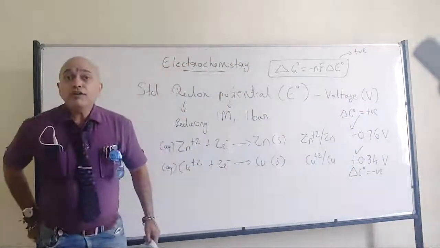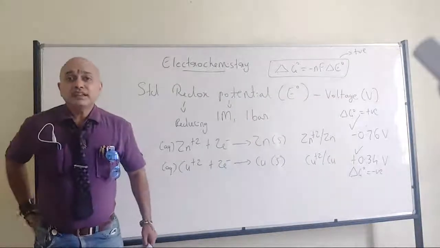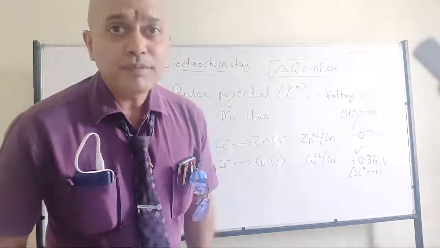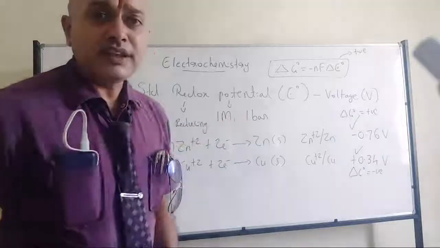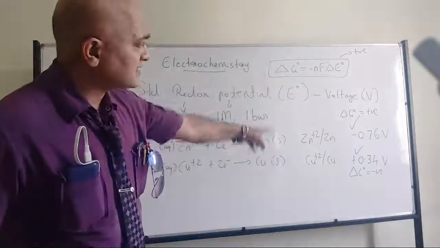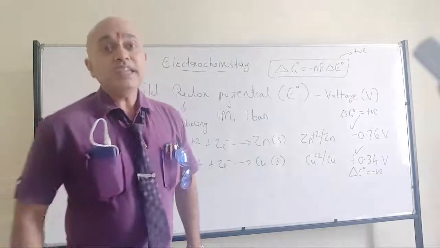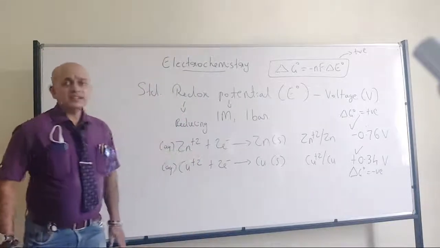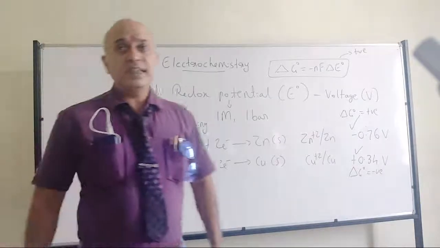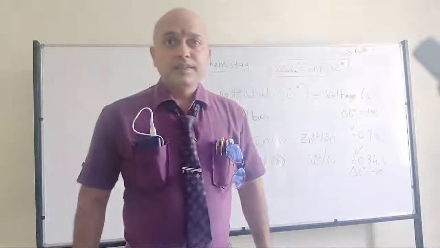Now, can anyone tell me, in that case, which is the good acceptor of electron, cupric ion or zinc ion? Based on this, I have even given the delta G naught values. That's why the redox potential or reducing potential value is important.